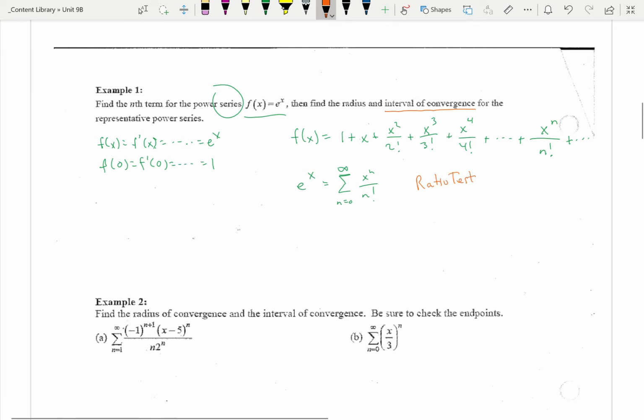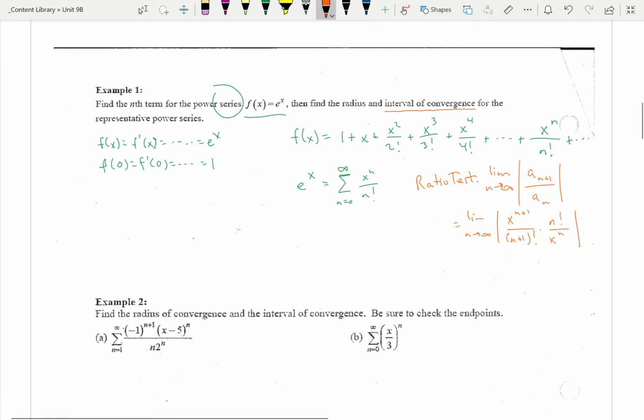asks us to find the limit as n approaches infinity of the absolute value of a sub n plus 1 divided by a sub n. In this case, we've got the limit as n approaches infinity. Let's see, we've got x to the n plus 1 divided by n plus 1 factorial divided by x to the n over n factorial, so multiplied by that reciprocal.